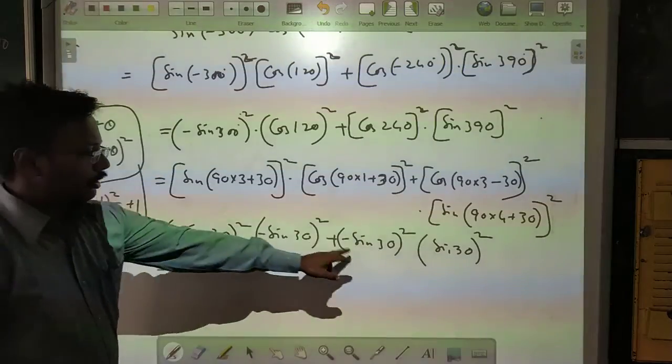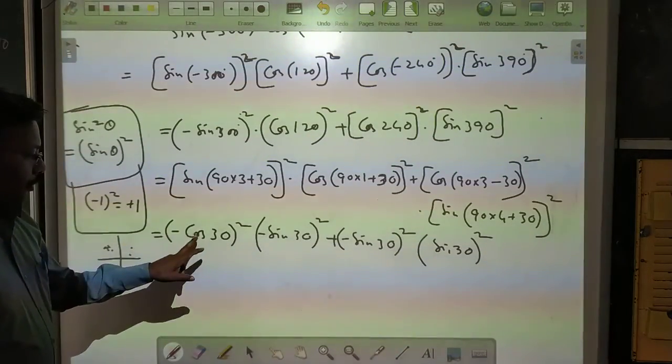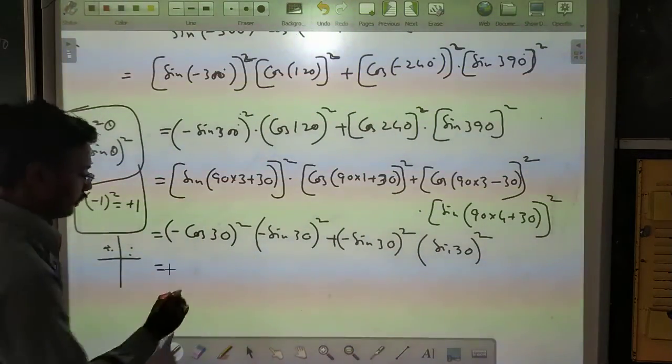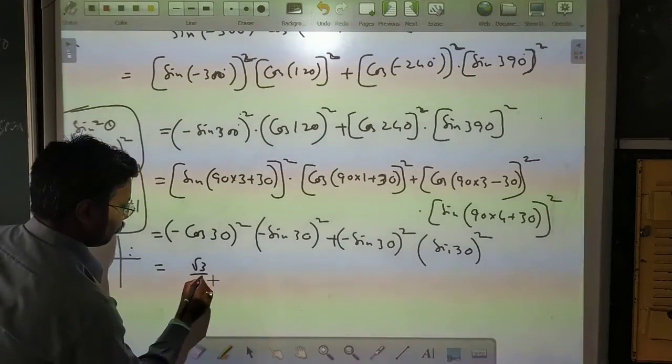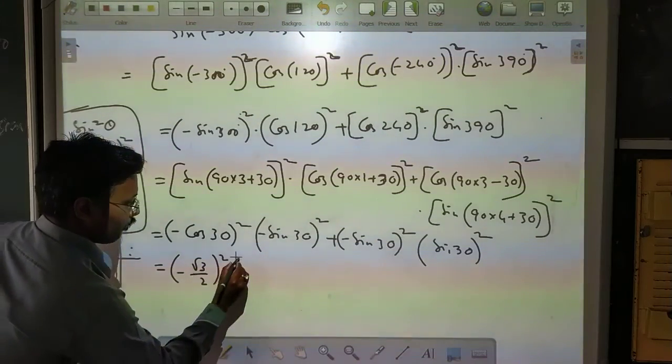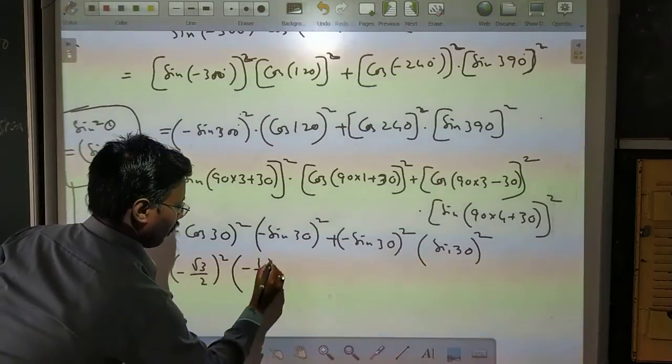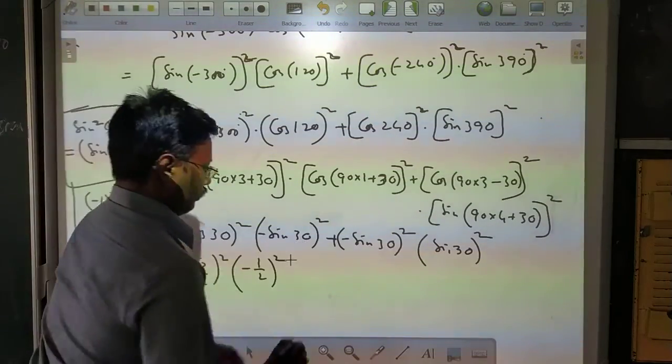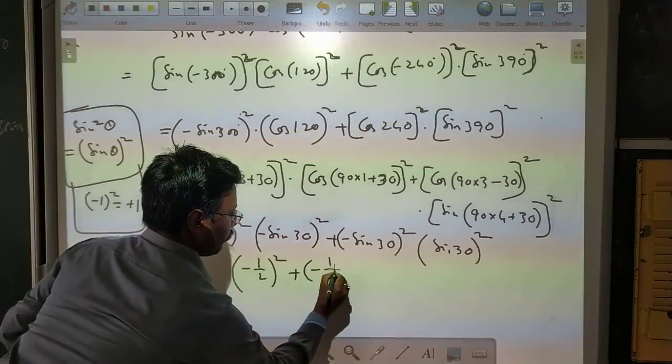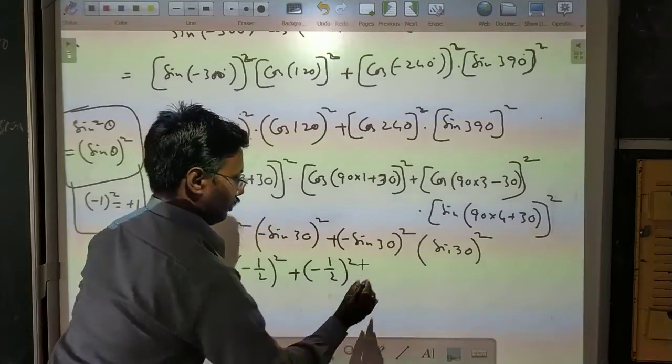Now these are all standard angles. Value of cos 30 is root 3 by 2. Sin 30 is half. Again half square.